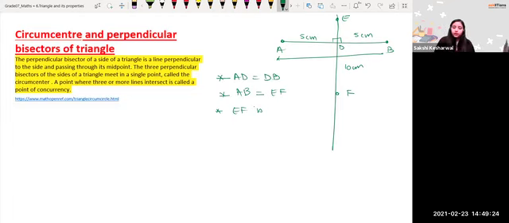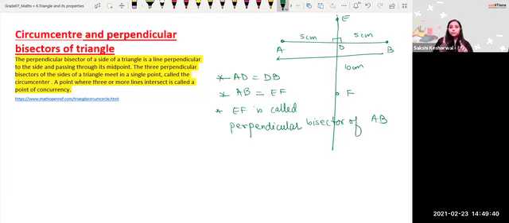So EF is called the perpendicular bisector of AB. Please pay attention to which line is dividing the other line. Basically, the perpendicular bisector is drawn for line segments. We don't draw it for lines, because you need the two points. So this is called a perpendicular bisector.